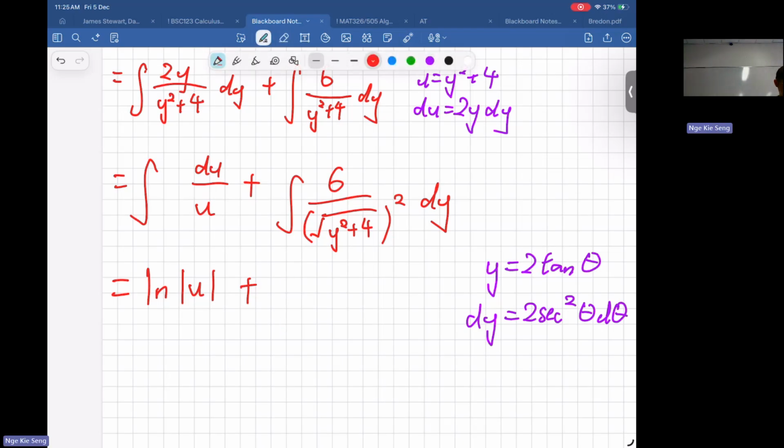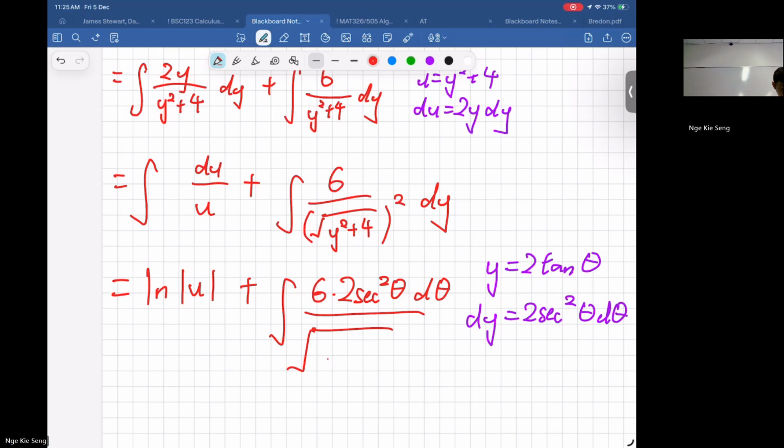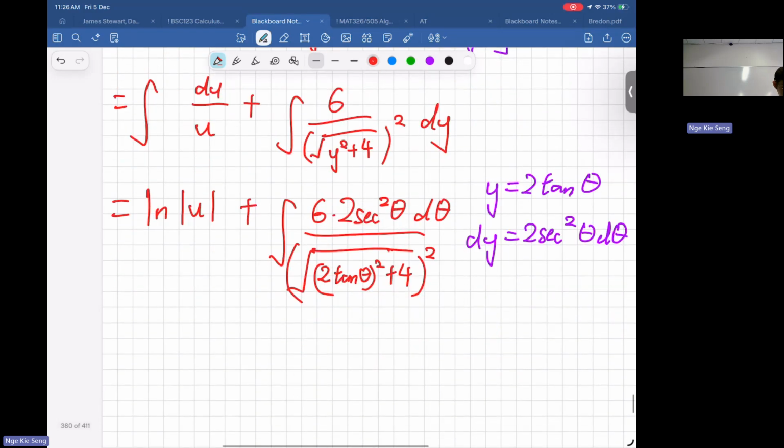Hopefully we can get something out of it. Otherwise we are doomed. 6 times 2 secant squared theta d theta. Okay, how about the bottom? So the bottom part becomes 2 tangent theta squared plus 4, everything squared.